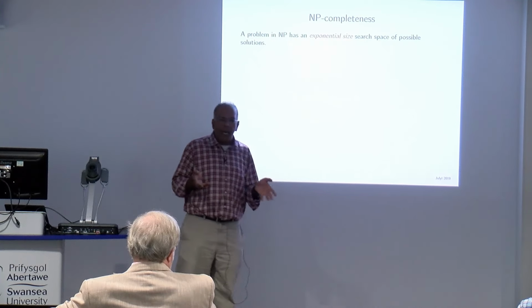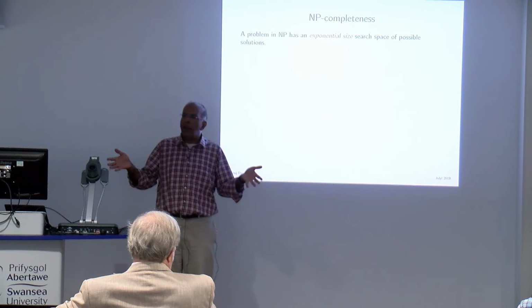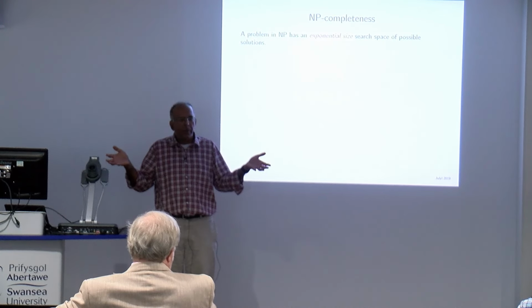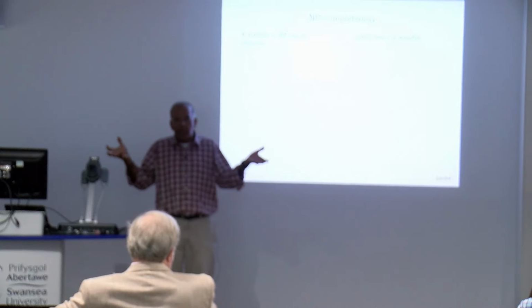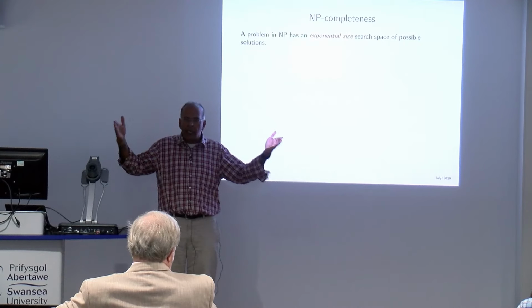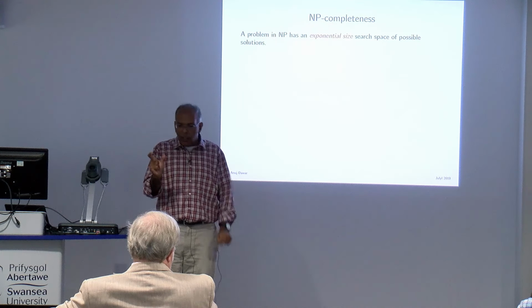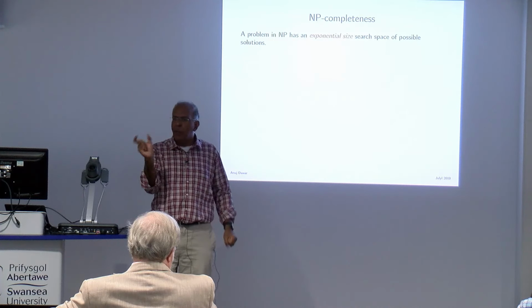So what is a problem in NP is like the one I just said, where we have some kind of search space of possible solutions. The search space is of exponential size in our instance, right? Like we said, the range of natural numbers we look at is exponential. And therefore you can represent each one with polynomially many bits.